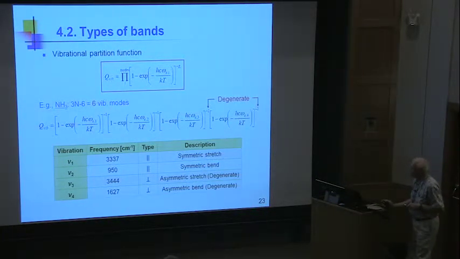Now what about the vibrational partition function? So we're back to the simple harmonic oscillator approach, Q vibe. Remember, there's multiple modes. Each mode has a partition function which is 1 over 1 minus e to the minus h nu over kT.